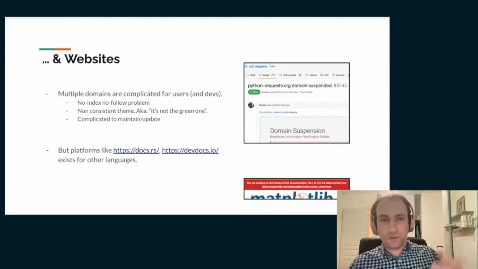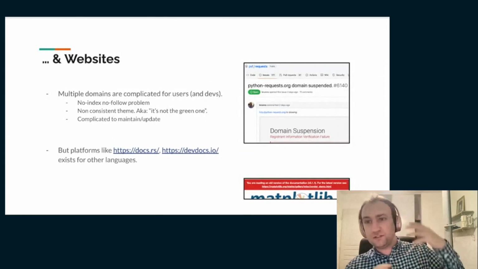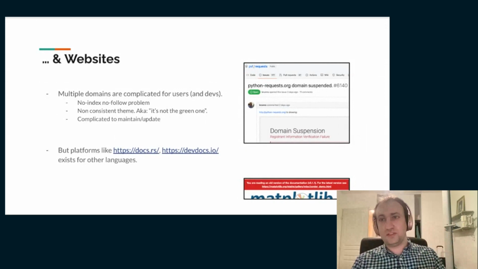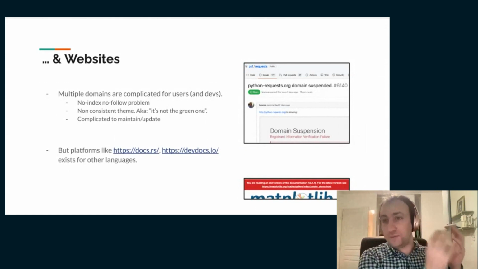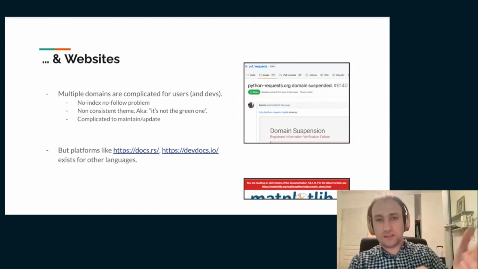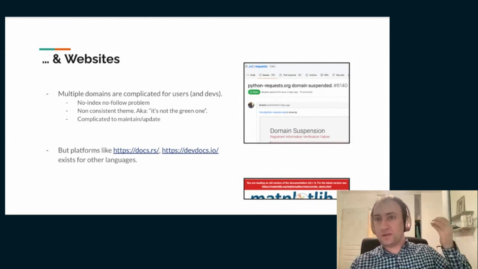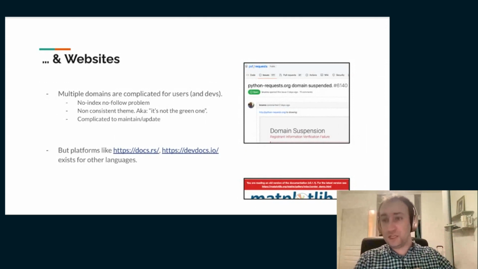I often see what I call the "it's not the green one" problem, where people see the first useful documentation on one website that has a specific theme, a specific layout, and they associate this visual representation with the information being good and correct. And now they will search for help for another library. In the first case I saw, the first website they saw was SymPy, which has a dominant green appearance.